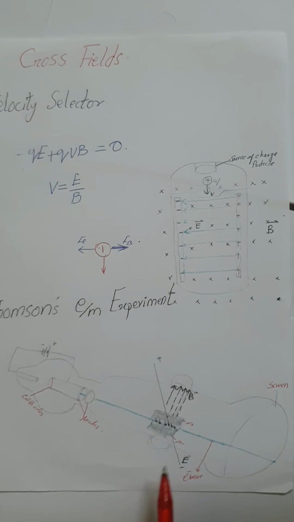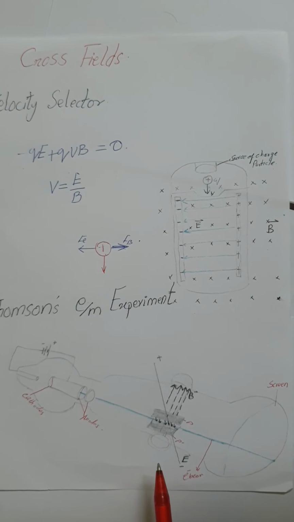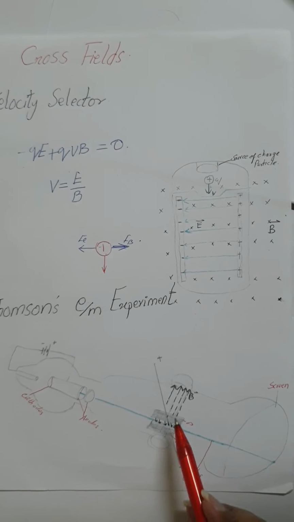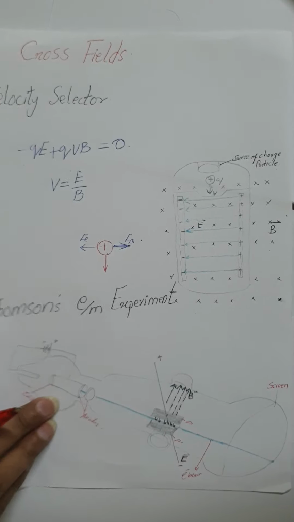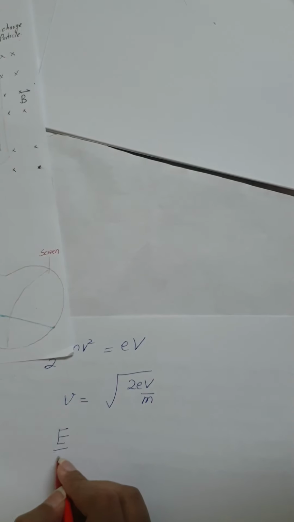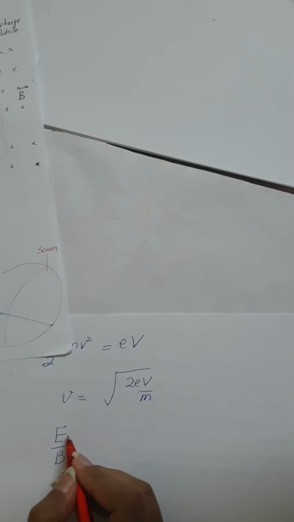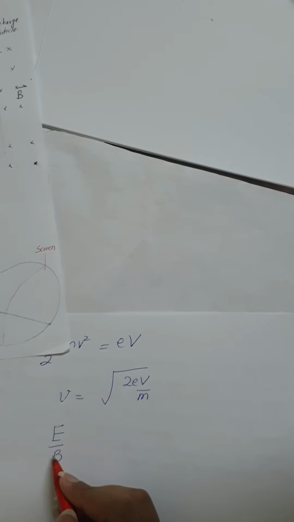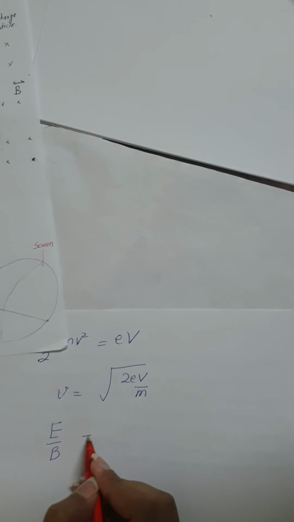and also at the time a magnetic field is present there, and this is the condition where v is equal to E over B, a condition of cross fields.